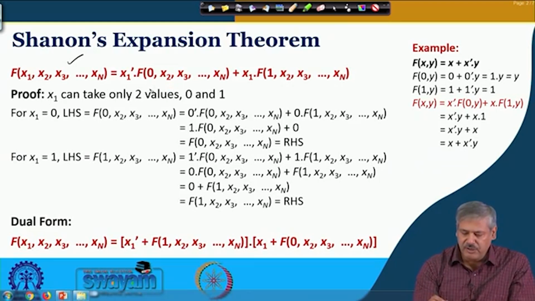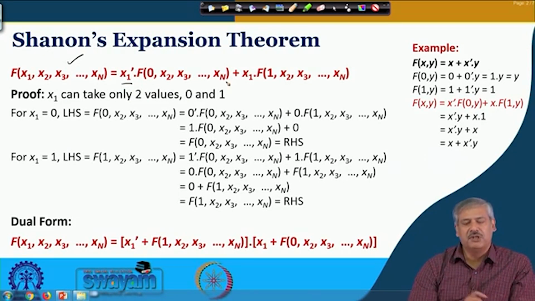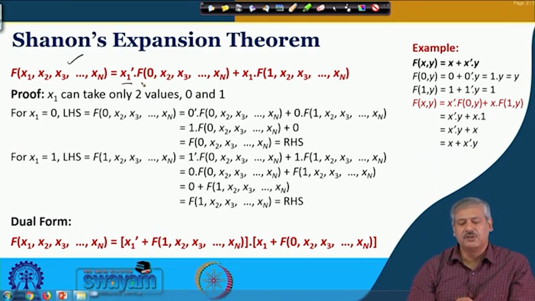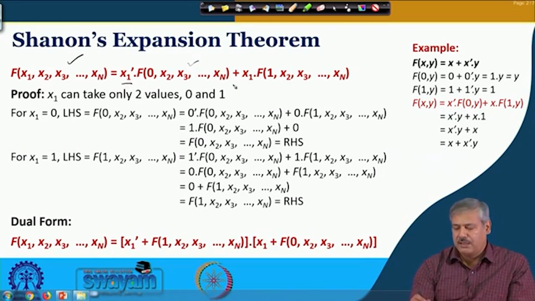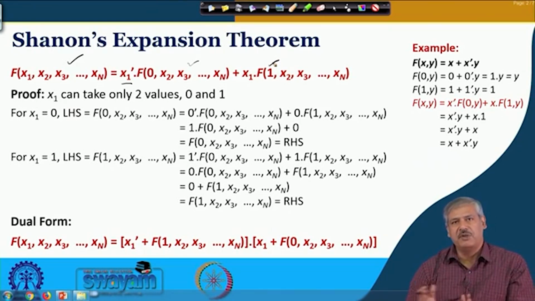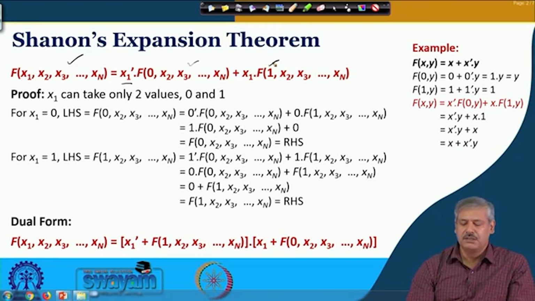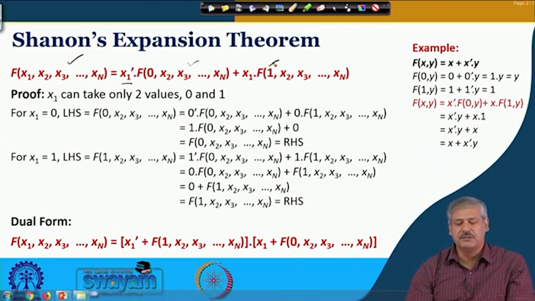So, this variable when you take it out like this, x1 prime, and rest of the function wherever x1 is present, you put 0, okay, and then whatever result you get, you AND it with x1 prime, and then you take x1 out, and for wherever x1 is present, you place 1, and then whatever you get, you just OR it, sum it up, then you get an equivalent relationship. Okay. This is what Shannon's expansion theorem says, right.